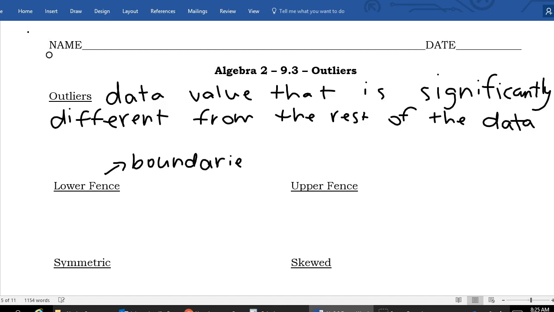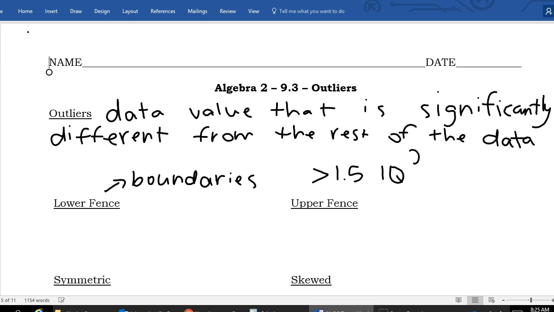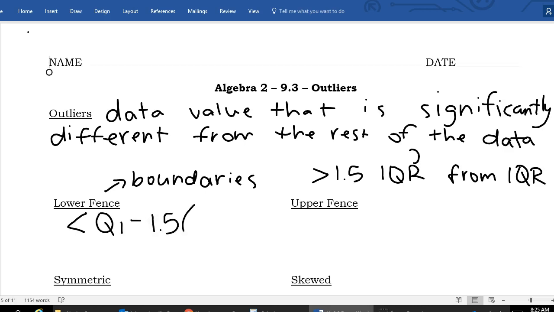And we define that to be more than 1.5 interquartile ranges from the quartiles. And I'm going to put that into a formula. So the lower fence would be any data value less than the first quartile minus 1.5 times the third quartile minus the first quartile.